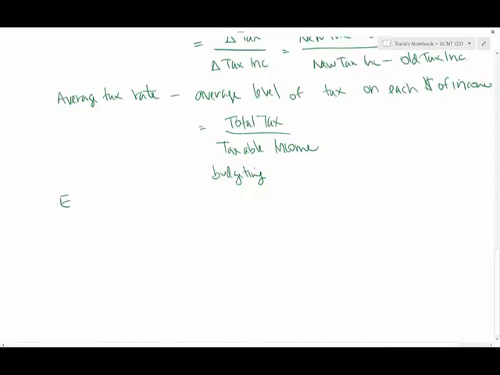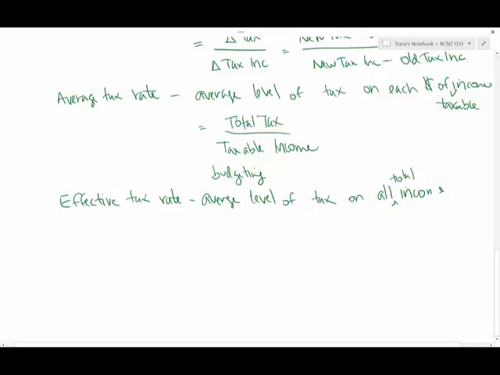And then you'll hear tax practitioners talk about the effective tax rate. The effective tax rate is similar to the average tax rate. It's the average level of tax, except instead of it being just on taxable income, the effective rate is the average level of tax on all income, total income.